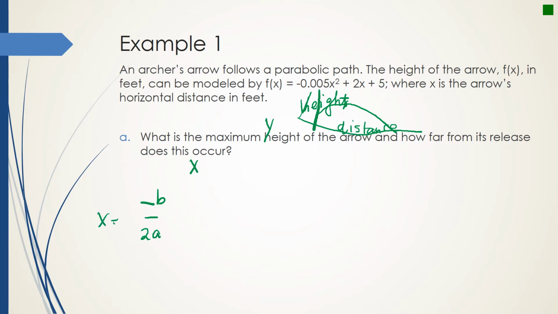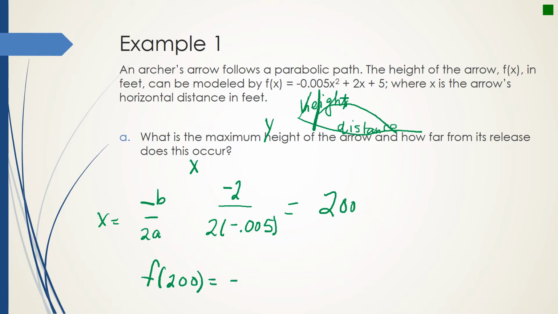That will be our x, so that's how far it is. And then we'll plug that number into the formula. So we're going to take negative 2, and we'll put that over 2 times a, which is negative 0.005. And that's going to give us 200. So then we put that into f of 200, and that equals negative 0.005 times 200 squared plus 2 times 200 plus 5, and that's going to give us 205.